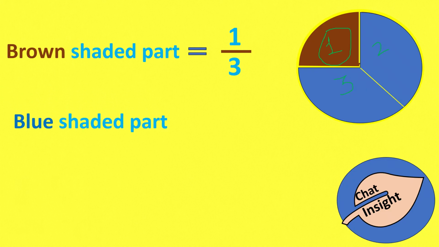It's the next one, which is about the blue shaded parts. So now we use a slippy line here, and then use a three, which stands for the parts of it, and the blue shaded part is 2, as you understand from the rectangle.